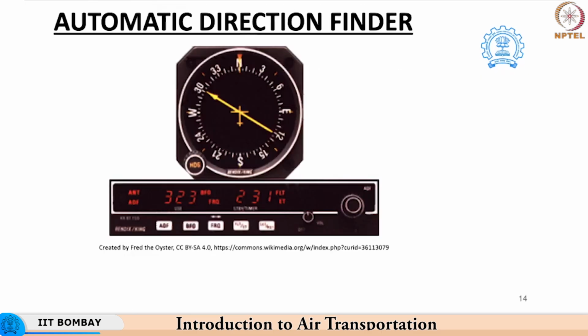As I mentioned to you earlier, previously the NDB equipment, that is the direction finder instruments, had to be manually operated, and the frequency needed to be adjusted accordingly. Now with the advancement of time, a new advanced version of direction finder has been implemented across aircraft, which is called the automatic direction finder antenna.